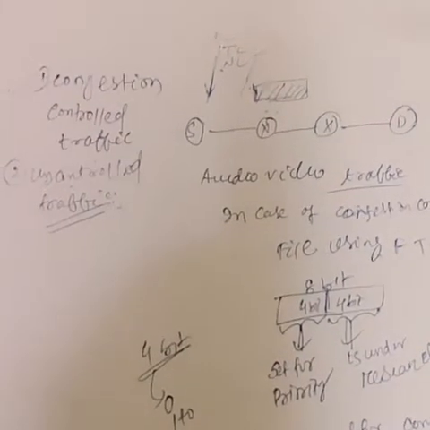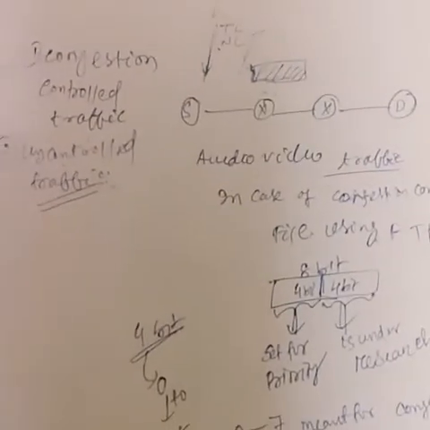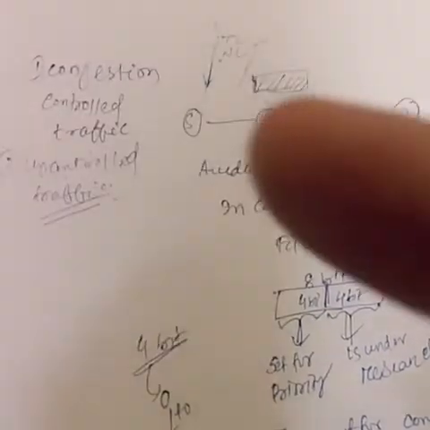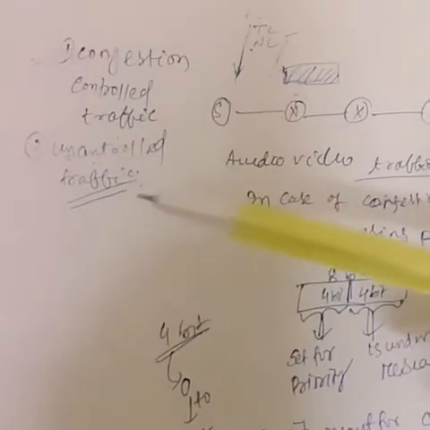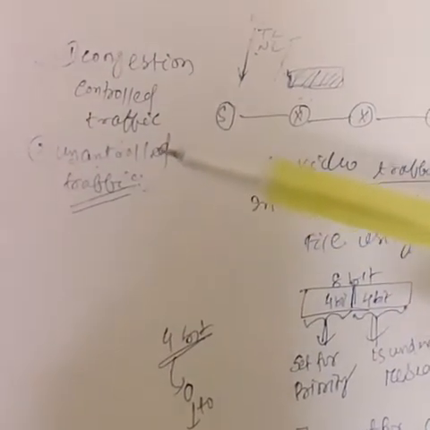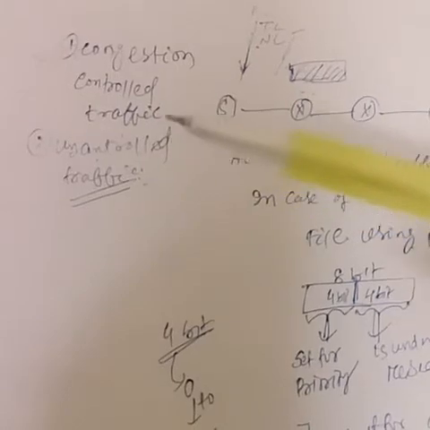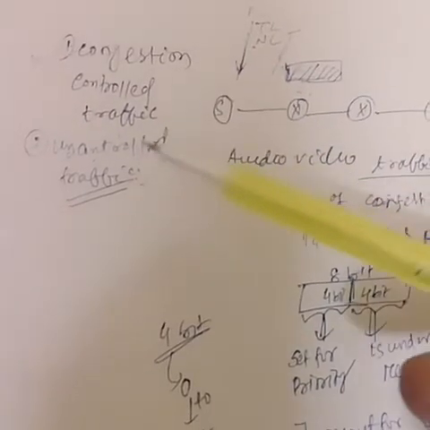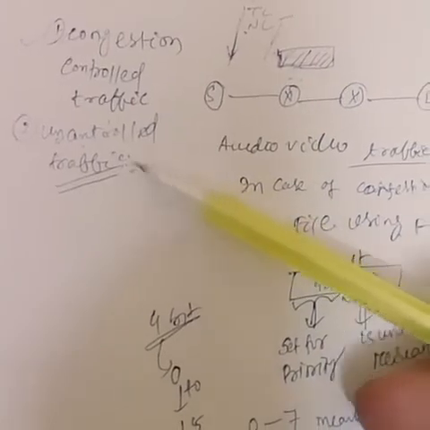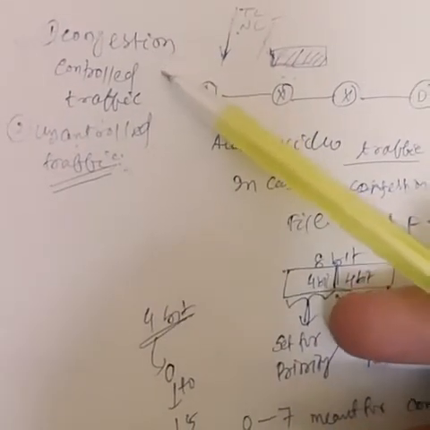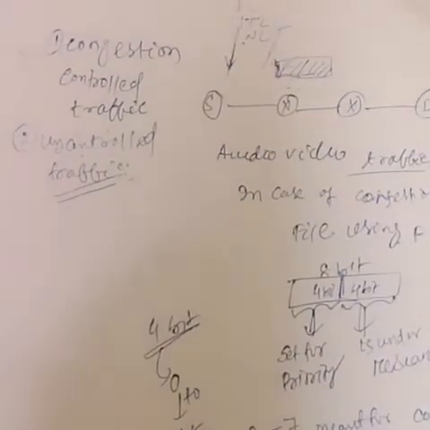Among congestion controlled traffic and uncontrolled traffic, which one has more priority? We have to give uncontrolled traffic higher priority and congestion control traffic low priority, right?